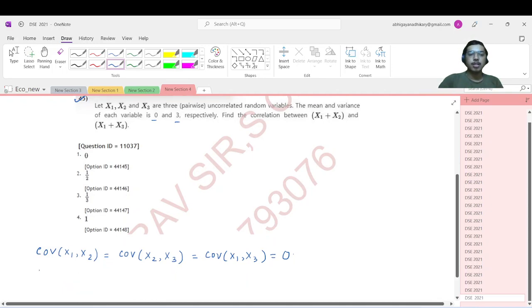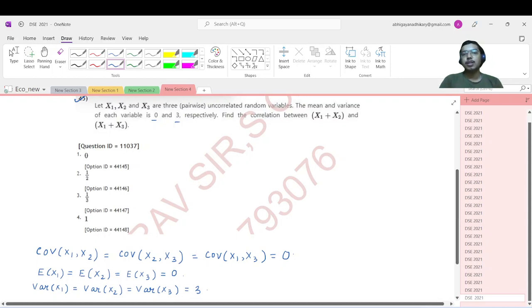That means expectation of x1 equals expectation of x2 equals expectation of x3 is 0, and the variances are 3. So variance of x1 equals variance of x2 equals variance of x3 equals 3.